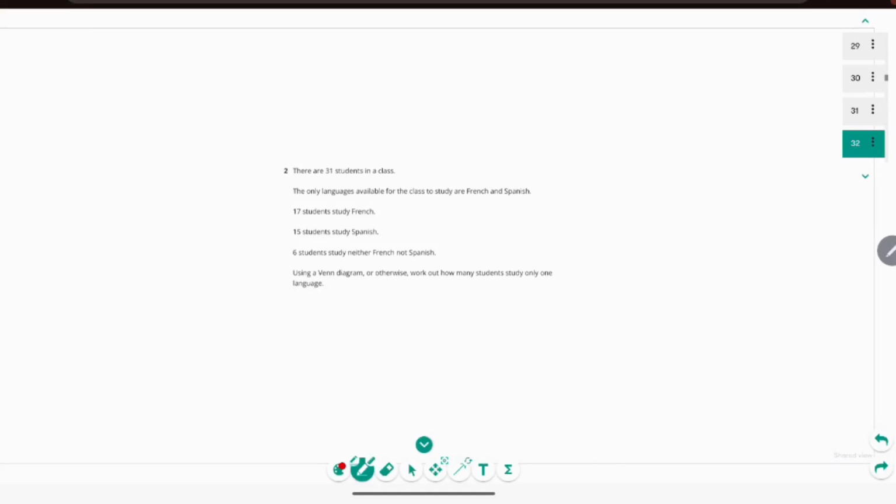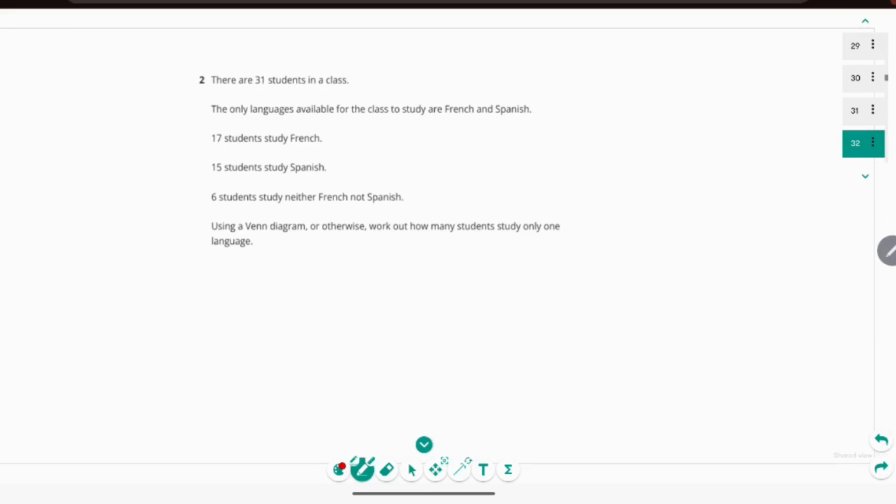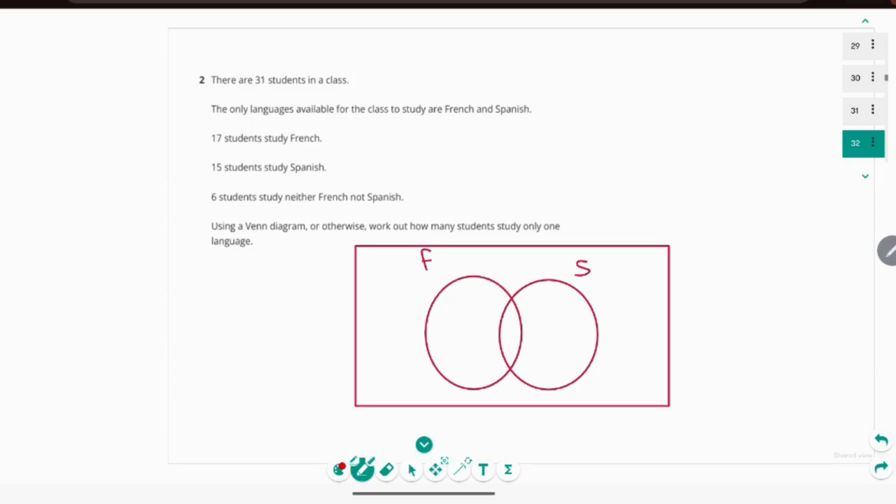So there are 31 students in a class. Only studying French and Spanish. 6 study neither French or Spanish. 17 for French.